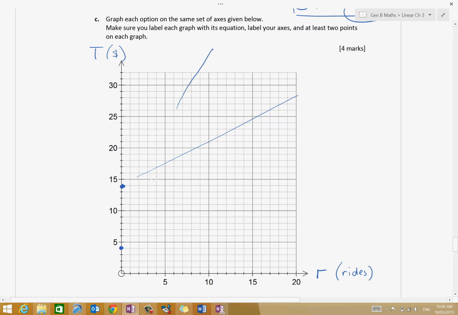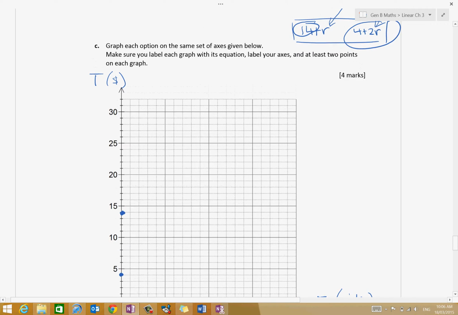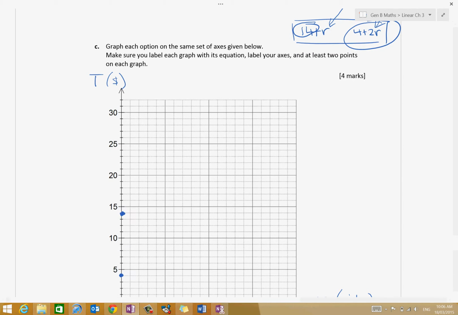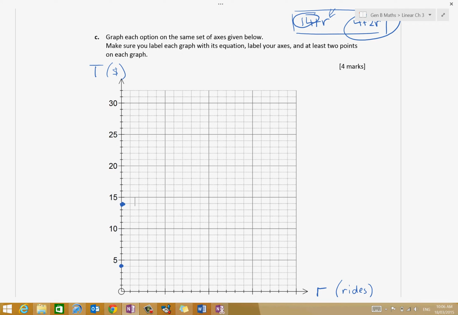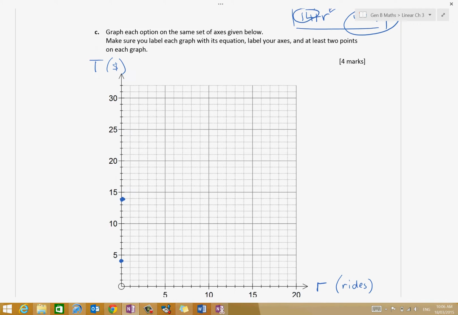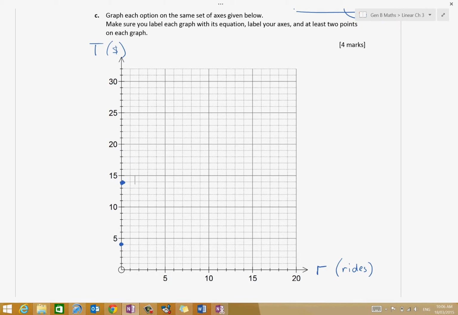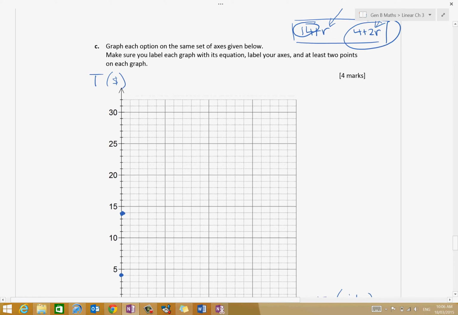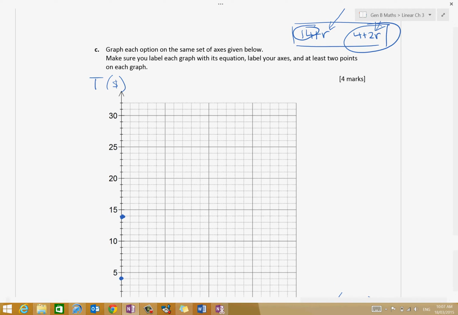Now, if I rub that out, I just want to give you an idea of what it looks like. The question says graph each option on the set of axes below. All we've got is the intercepts, but what does the gradient tell us? 14 plus R, for every time it goes across one, it goes up 1. So if we're going across 20, how far is it going up? 20. It's going up 20.